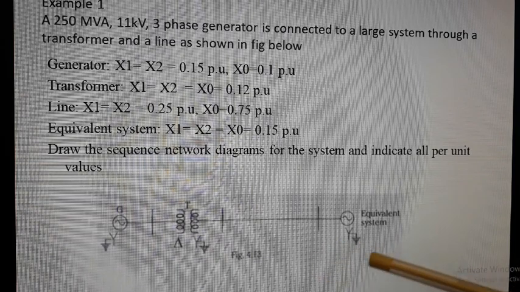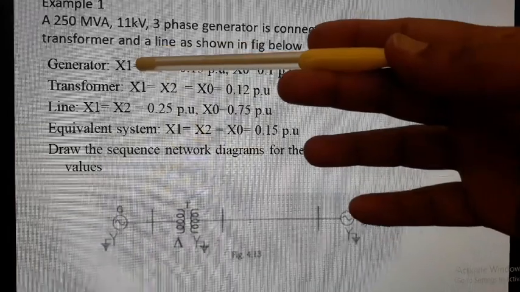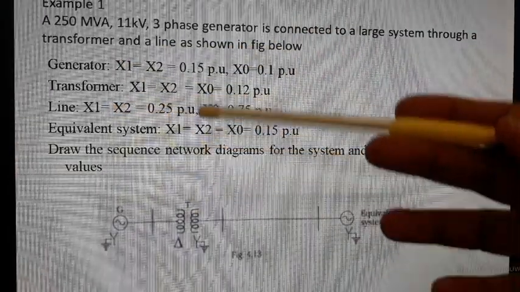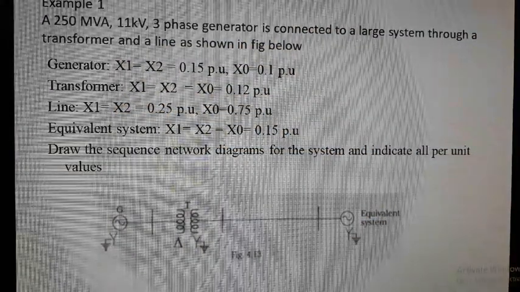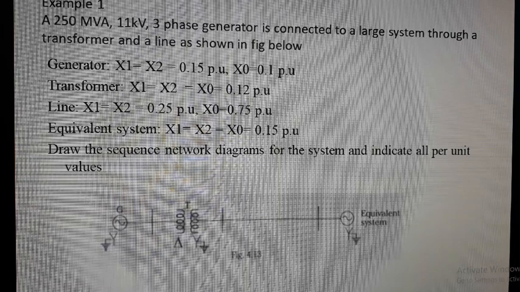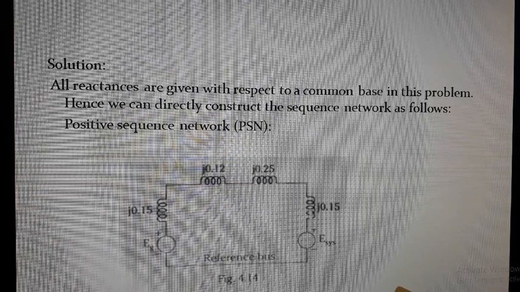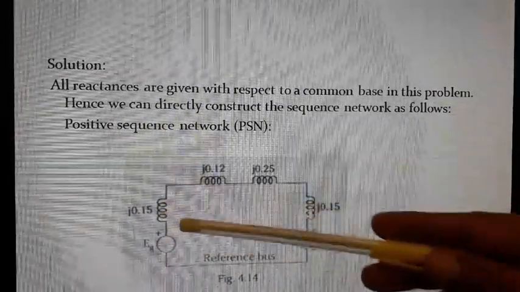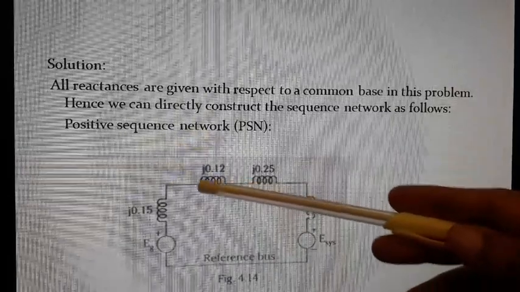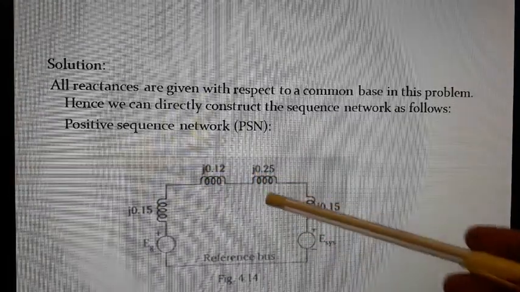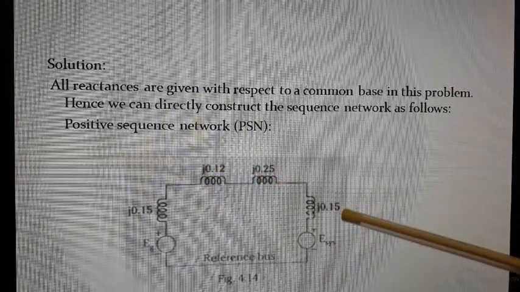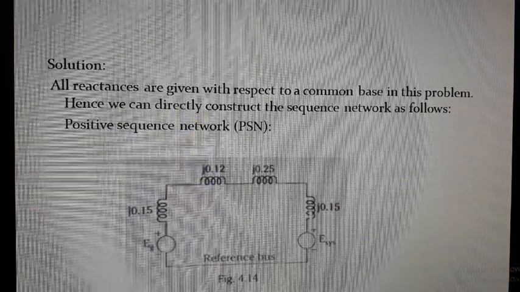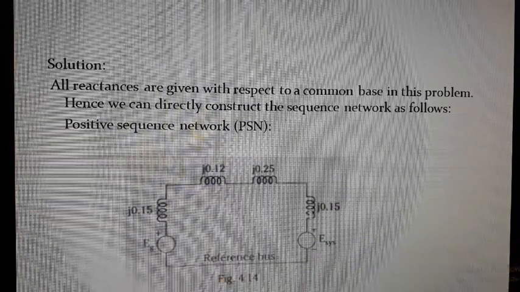Now we can write with all the positive sequence reactances X1 given for all the elements. Using those reactance values, the positive sequence network can be written as shown in this figure. Here the generator is a voltage source in series with the reactance. This is the transformer reactance, the transmission line, and the equivalent system, a voltage source in series with the reactance, which is connected to the reference bus.